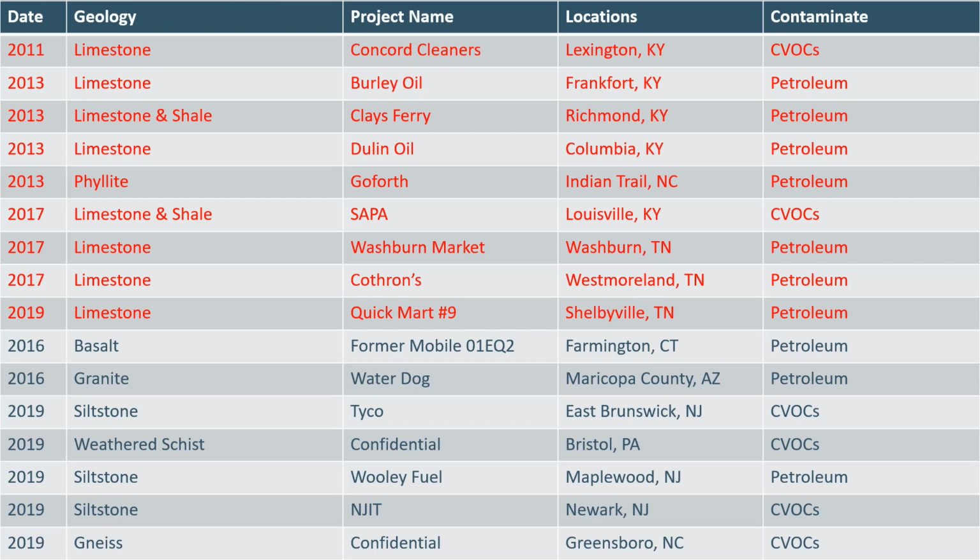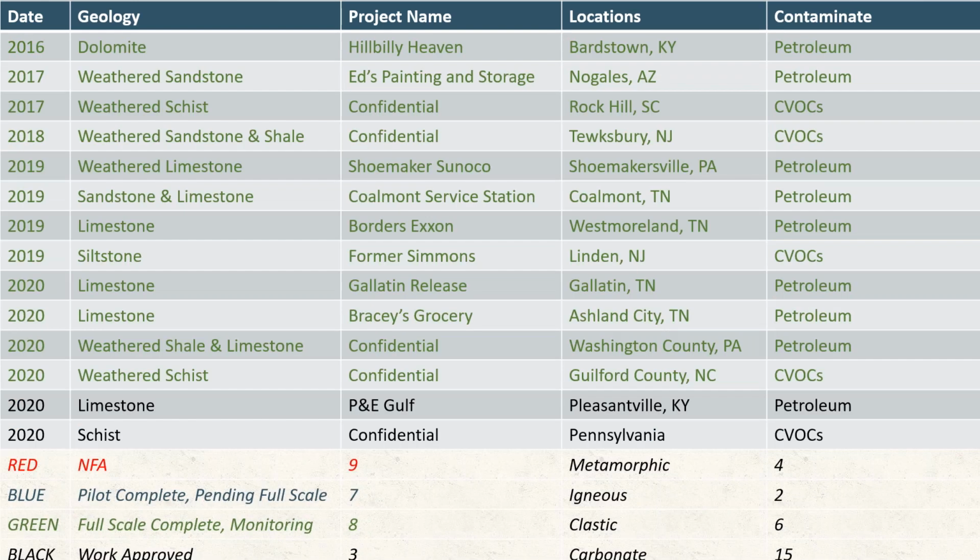And lastly, before we move into our review, I just wanted to show, for those of you who couldn't join us last week, this isn't all encompassing, but this is a good body of work that we've established to date. Dates back to 2011, really started to expand in 2013, 2014. We're looking at sites here in red that have achieved NFA as example. The blues we've either completed as pilot or they're pending full scale.